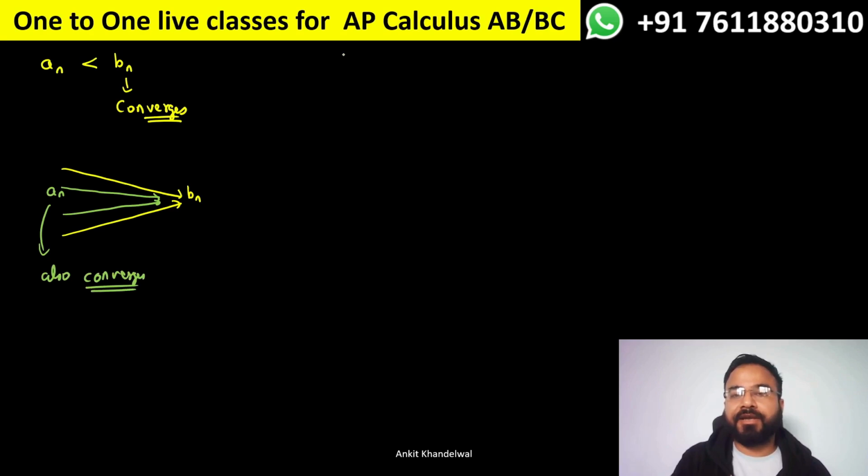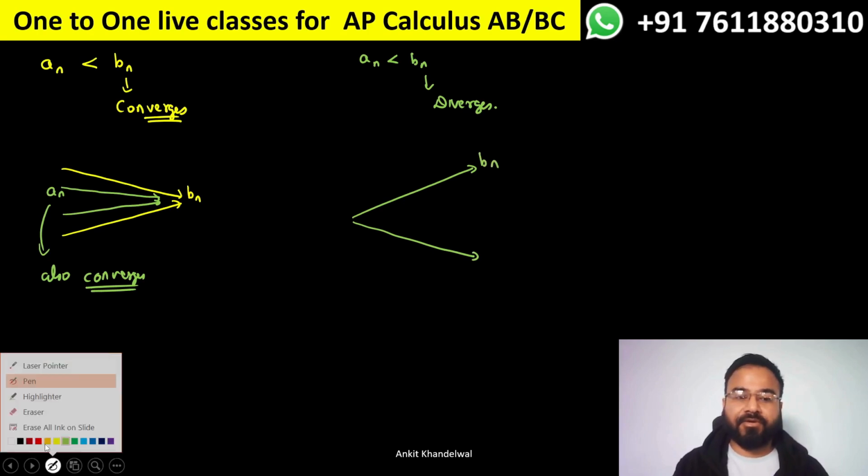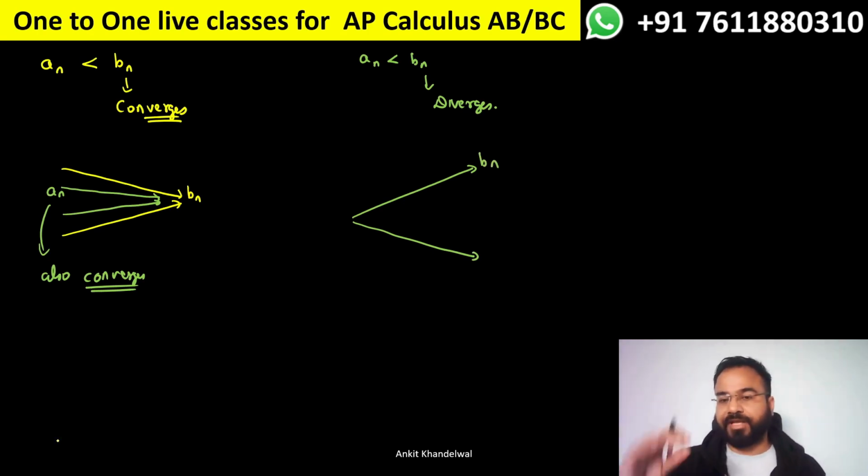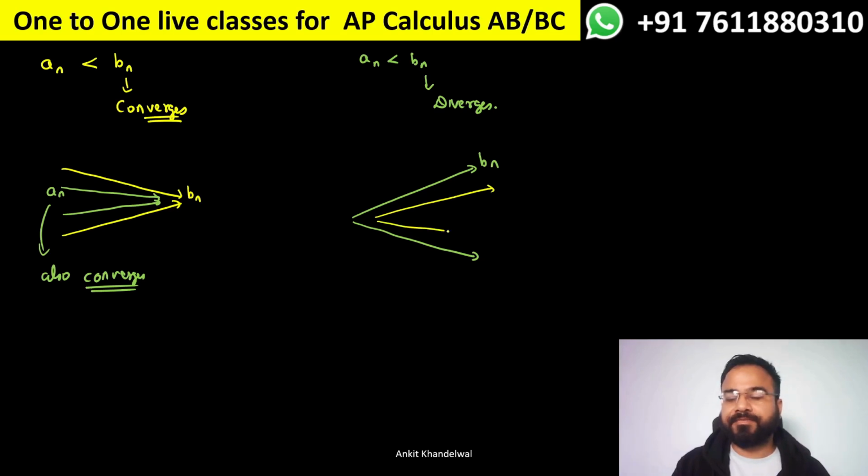But on the other hand, if we have an less than bn and we know bn diverges, the greater one is diverging. Greater one means which we will draw outside. So this is bn. Bn is diverging. Now an is inside these two lines. If an is inside these two lines, an has two possibilities. An can go like this, or an can go like this.